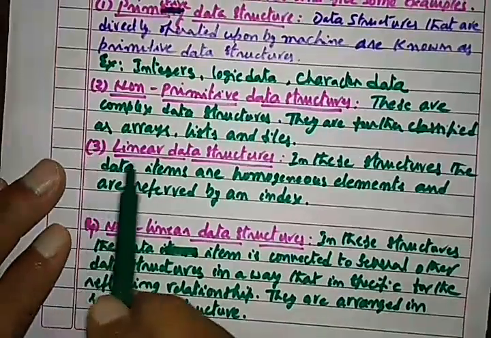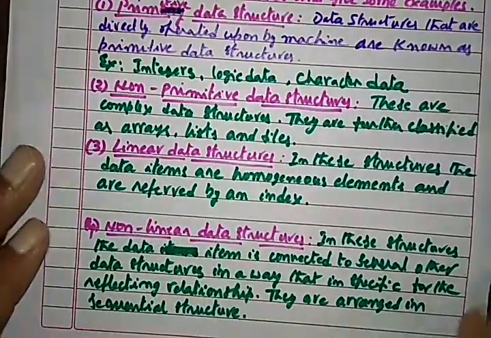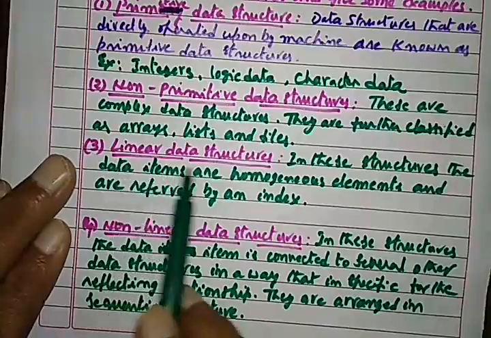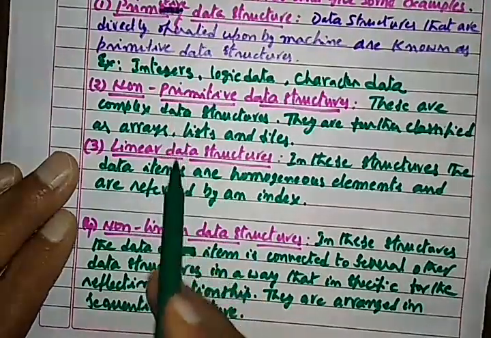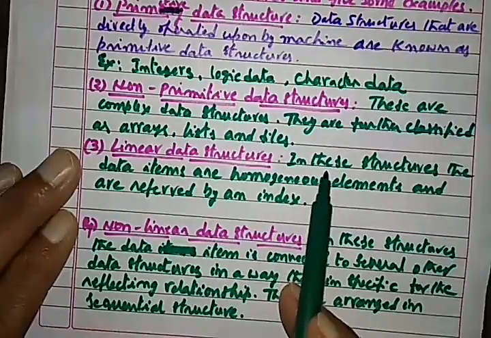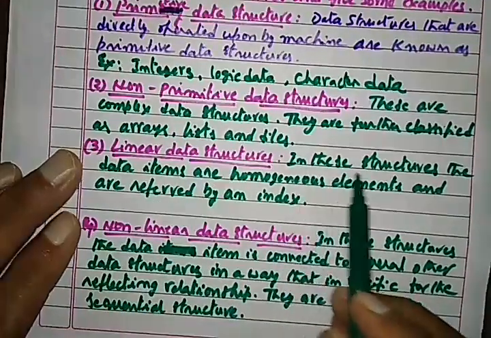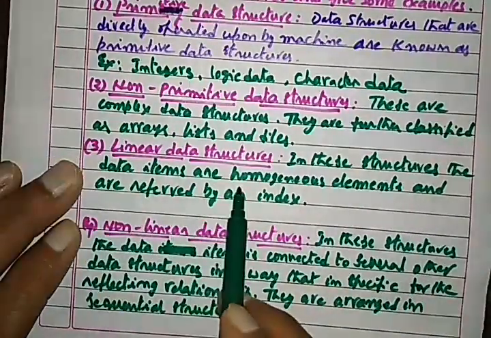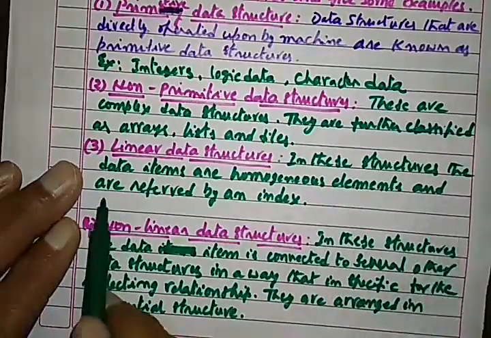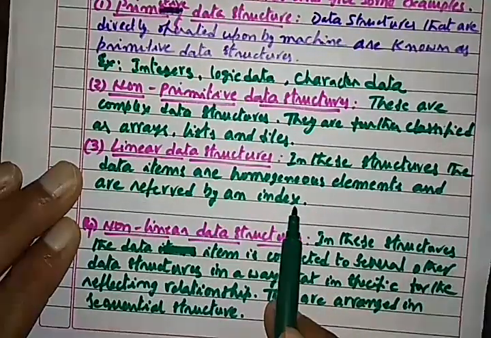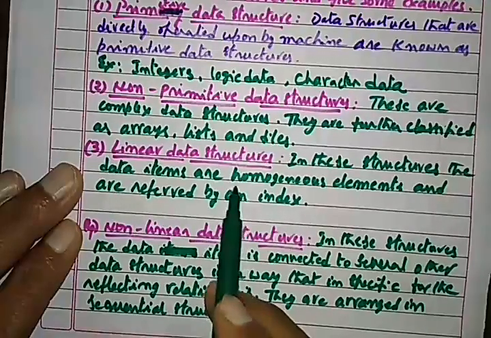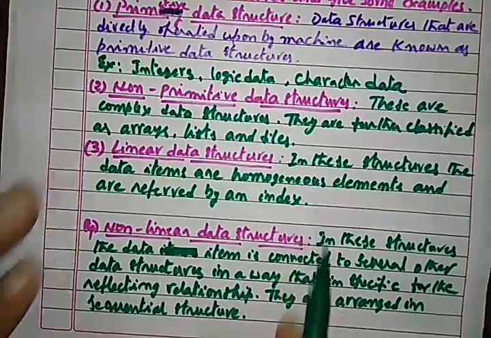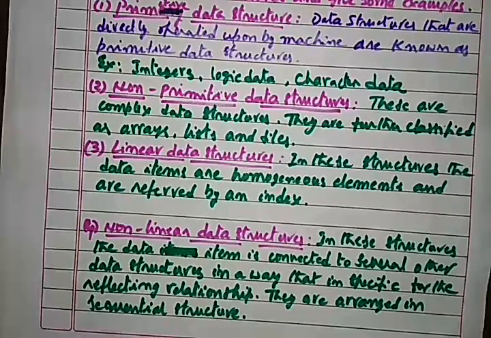So the third one is linear data structures. This is actually a further explanation of non-primitive data structures only. In these structures, the data items are homogeneous elements and are referred to by an index. You know index, it is some kind of identification. Homogeneous means it is the same.